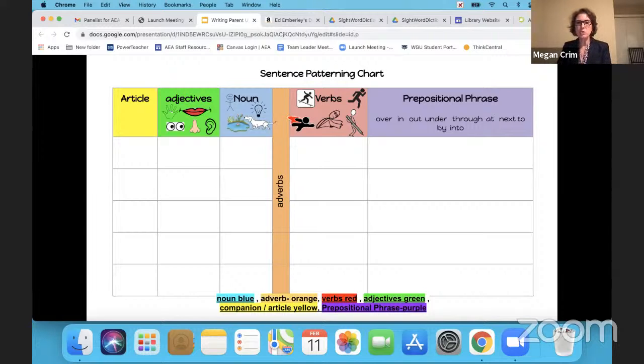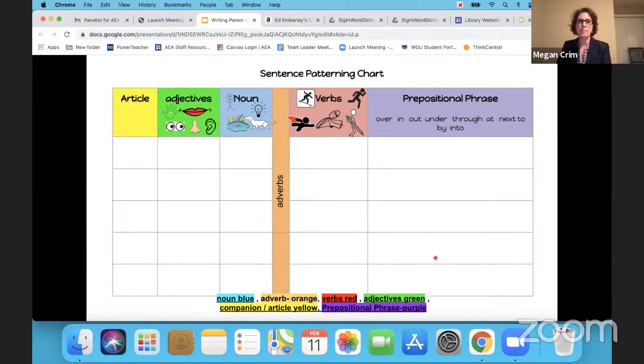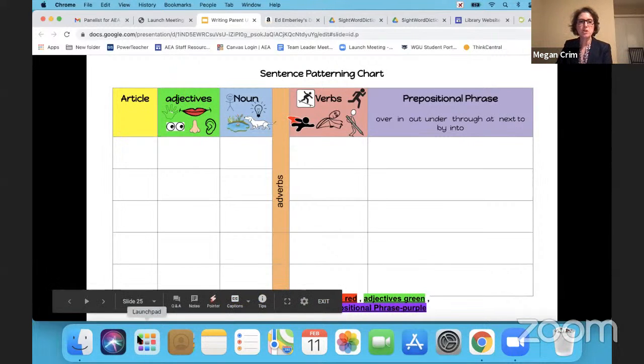So we do teach them in kindergarten and first grade what a noun is and what a verb is and adjectives. And we get into prepositional phrases. Parts of speech are super powerful when you're learning English and then also German, because we both have parts of speech. So let me show you what one filled out looks like.